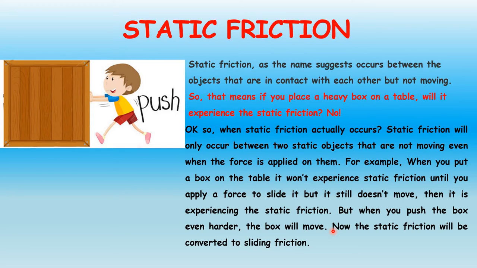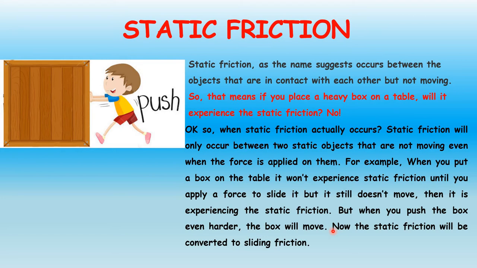Now the table is just in a state of rest. It is just lying down, it's not moving. You are not applying any force on the table. Now there is no static friction between the legs of the table and the floor of the room. Now you wanted to shift the table.